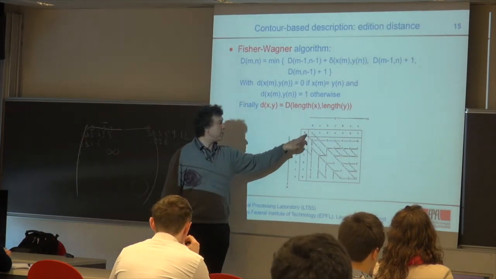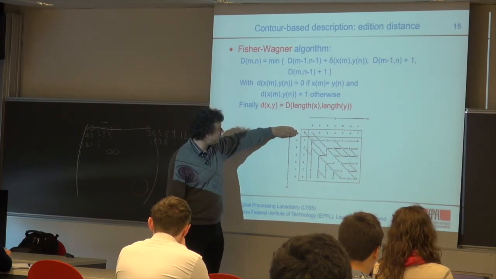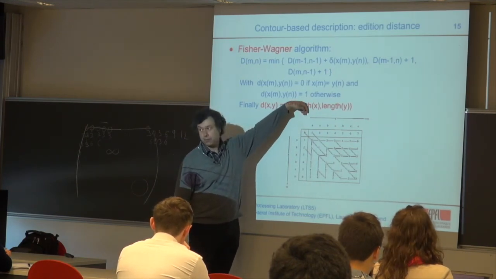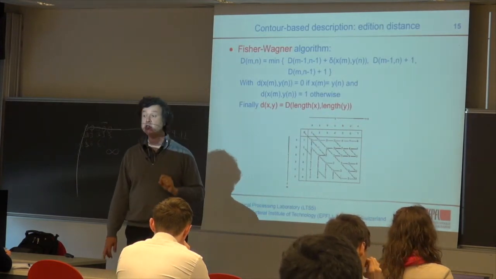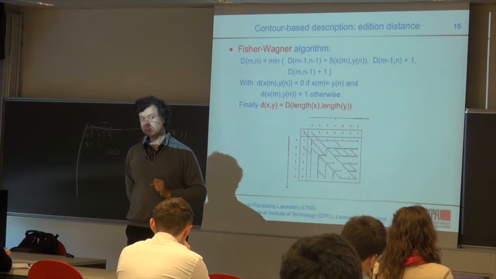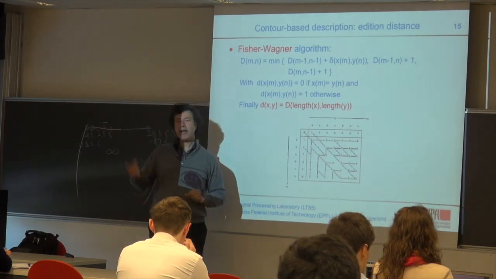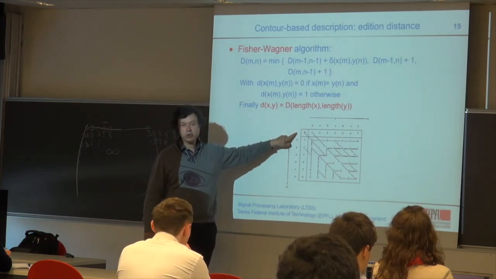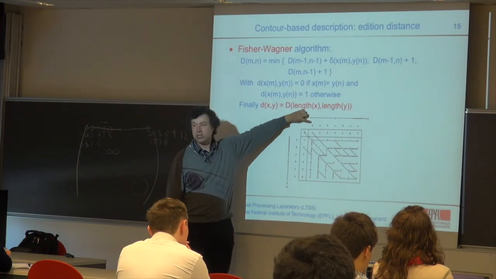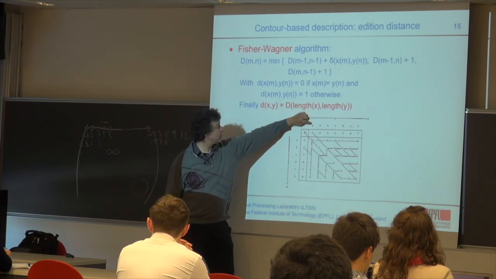What I will put in the box here is how many operations I need to convert what I read here to what I read here. What is the number of operations that I need to convert an empty chain to an empty chain? Okay? Now I read it like that. What is the number of operations that I need to convert an empty chain to a single character A? One insertion. 1.